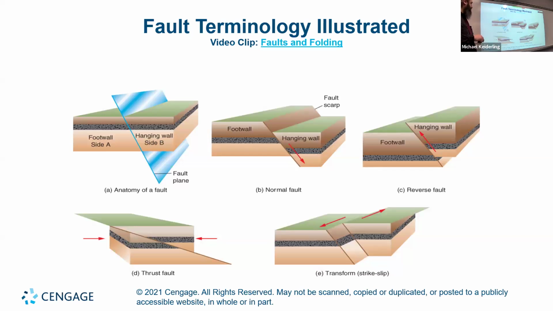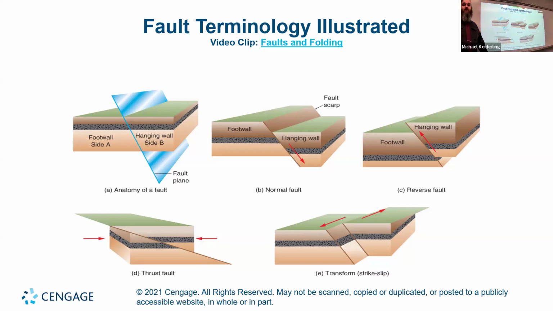So a thrust fault is just a particular type of reverse fault where the angle is particularly shallow. It leads to some extreme overlayering of stuff. Thrust faults just happen to create certain unique structures where you can end up with older stone on top of younger stone.